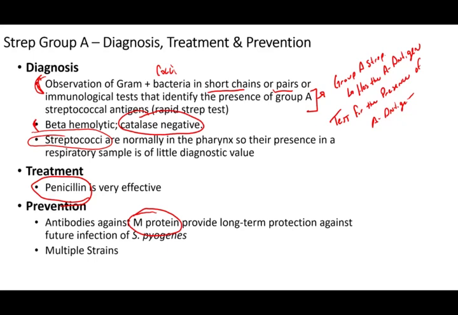Because of the diversity of strains, you don't have protection to all strep from one exposure. Over time, with each exposure to disease, you can get some protection that then allows you to be protected from an increasing number of strains as you are exposed to different ones over your life.